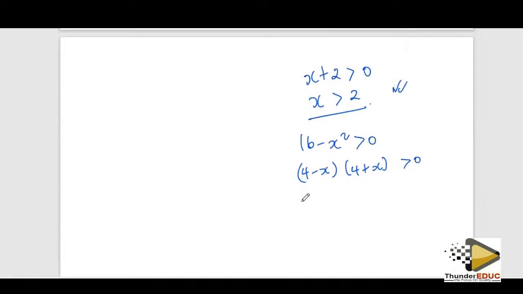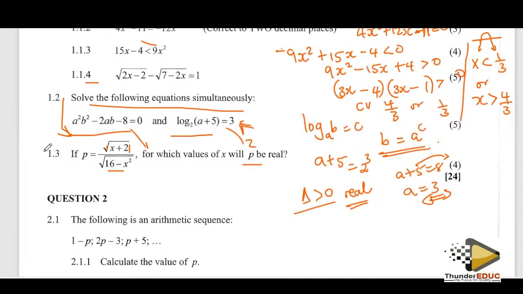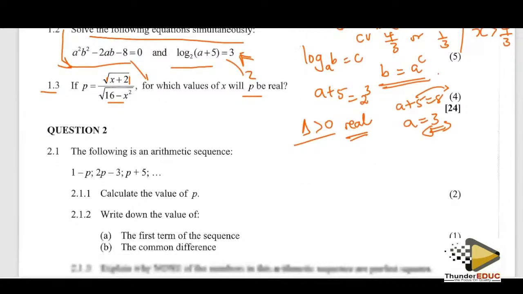So in this case, our critical values are basically plus 4 and minus 4. So how do I represent this? Since this is a greater than and my A is negative, I'm going to have negative 4 is less than x, and then it's less than 4. So that's how I would have gone about that question, 1.3. All right, so that's question number 1.